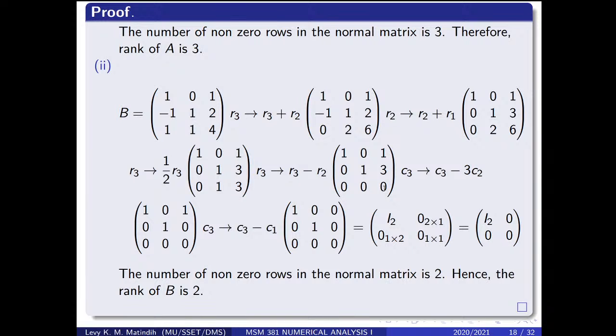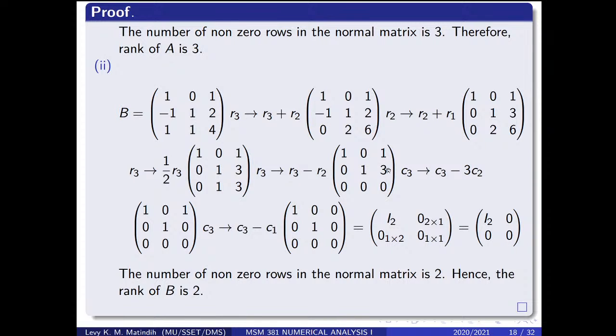Now, the question here is, is it possible we can continue applying the row operation on this matrix so that we reduce it to the normal form of matrix B? Here we can't. If we apply any change on row 1 with respect to row 2, then row 1 will take us back to where we started from.